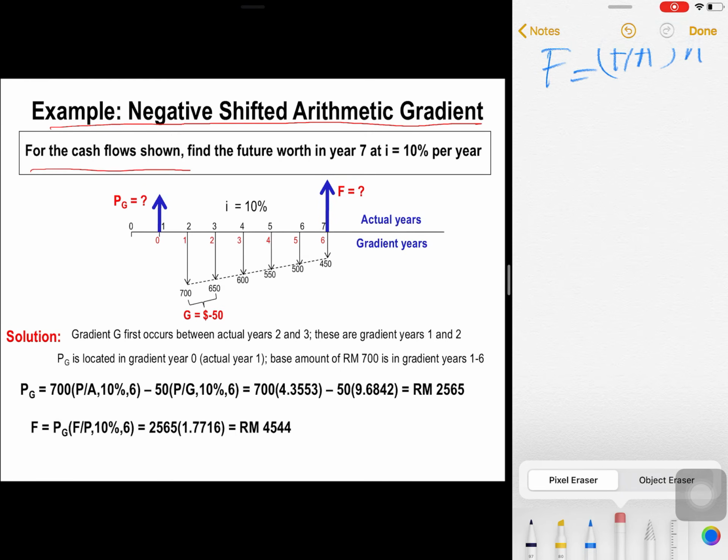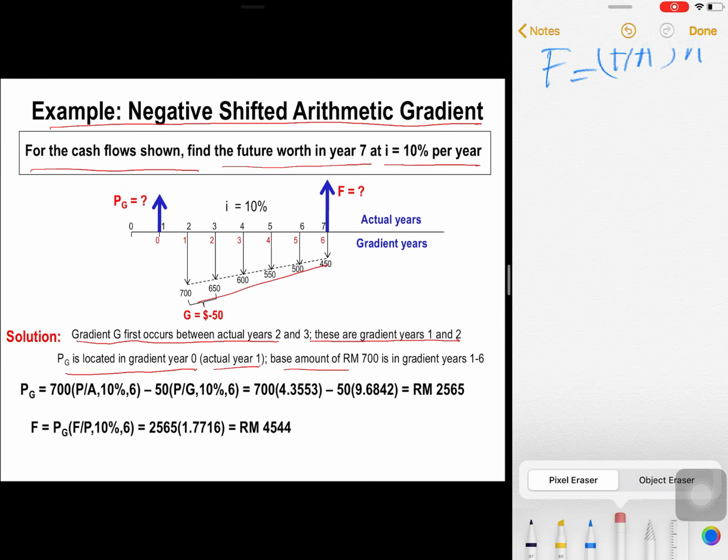Example of a negative shifted arithmetic gradient. For the cash flow shown, find the future worth in year 7 at i equals 10% per year. So this is a negative shifted gradient, right? It decreases. So find PG. Solution: find G first occurs between actual years 2 and 3. These are gradient years 1 and 2.